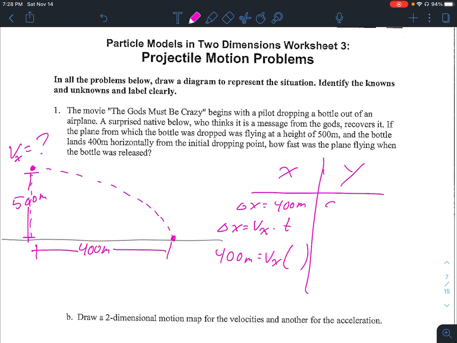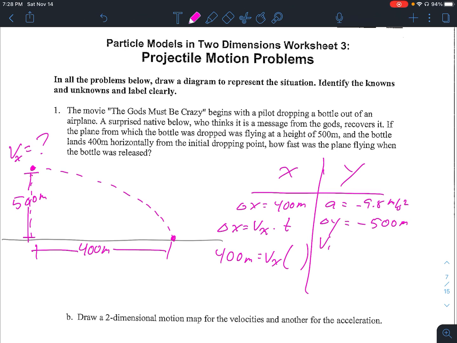So in the y direction, we know acceleration, negative 9.8. We know the delta y is negative 500. And once you start to get comfortable, feel free, since we know that the acceleration is negative and the displacement is negative in this scenario, everything is going down, you can call that positive if you like, if the negatives tend to trip you up sometimes. Let's see, what else do we know?